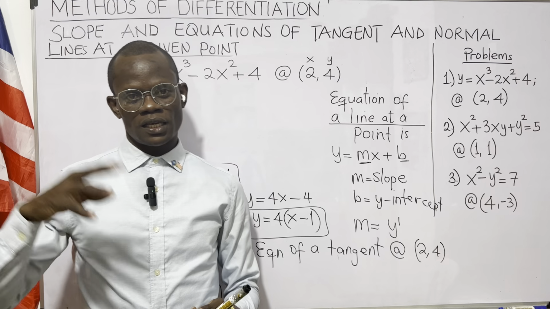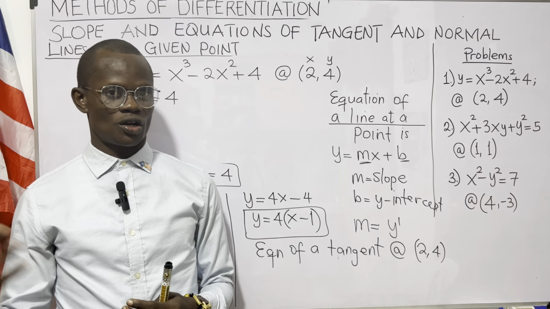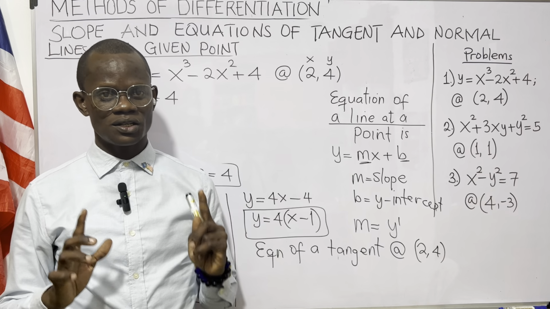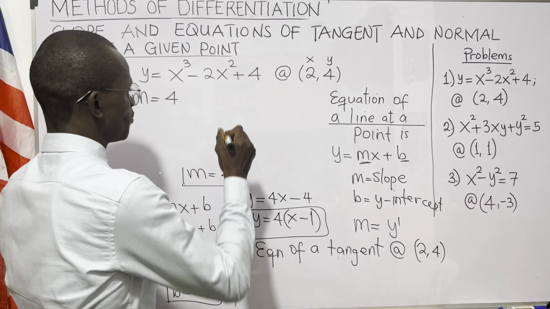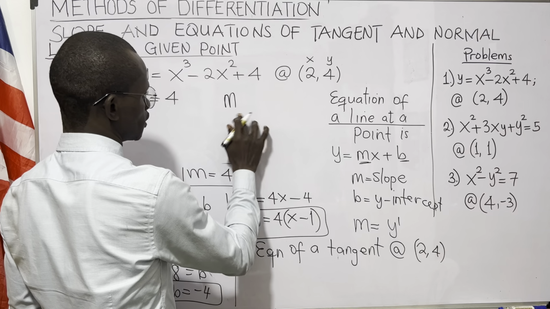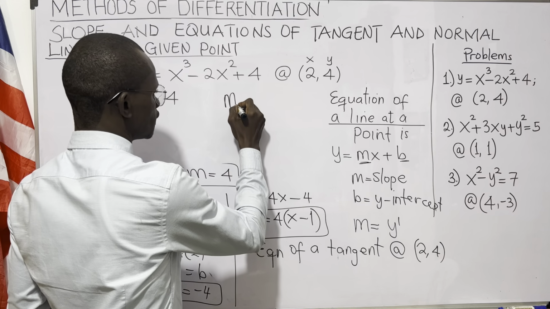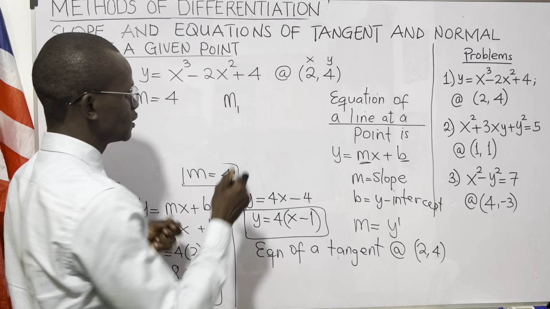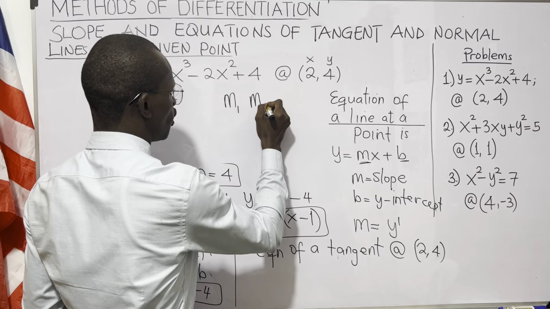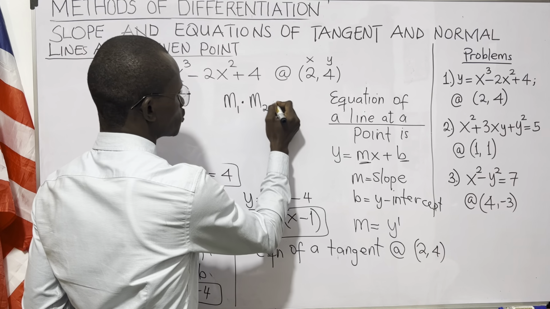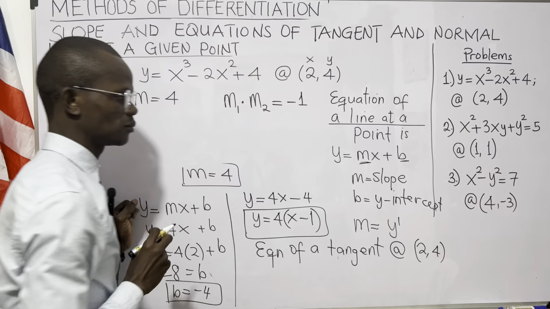In our previous lessons on algebra, we told you that when two lines are perpendicular, the product of their slopes, that is, M1 for the first line and M2 for the second line, will be equal to -1.